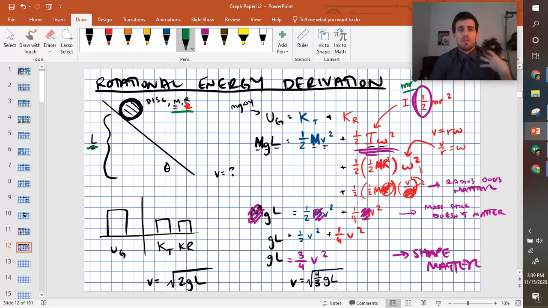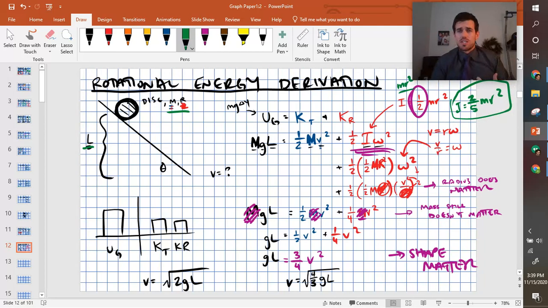So we would end up with even more rotational kinetic energy and therefore an even lower velocity. If we had done this with a sphere, which has the formula 2/5 mr squared, then we would end up with even less rotational kinetic energy, which means we'd have more linear kinetic energy, or translational kinetic energy, and therefore a faster speed at the end.